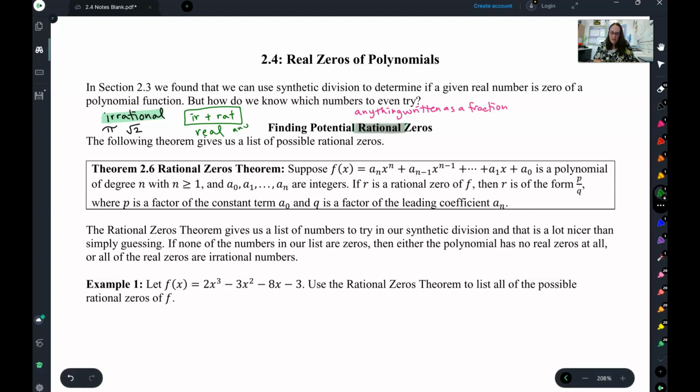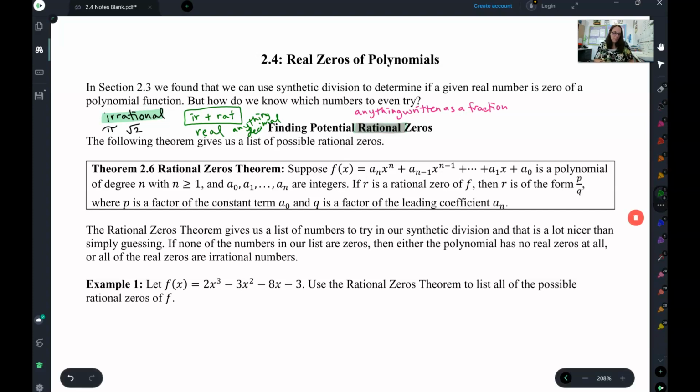Real numbers are anything that can be written as a decimal. Those are your real numbers. And we will be talking about numbers that are not real numbers, imaginary and complex numbers, in the next lesson. So now that we've defined all that vocabulary, we know what rational, irrational, and real mean.